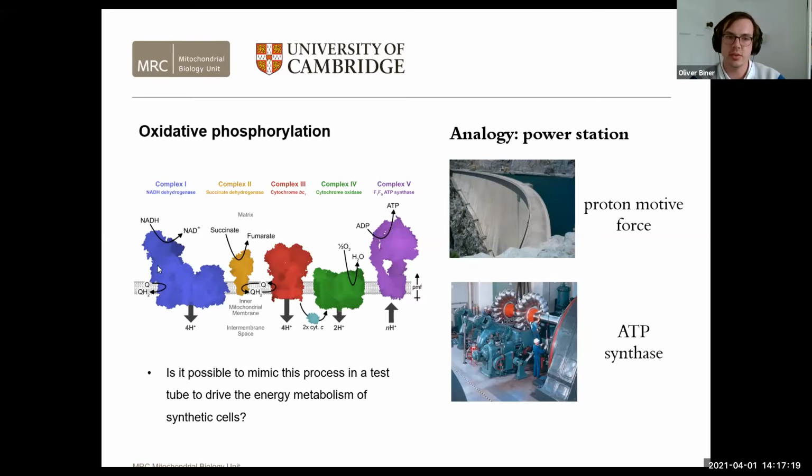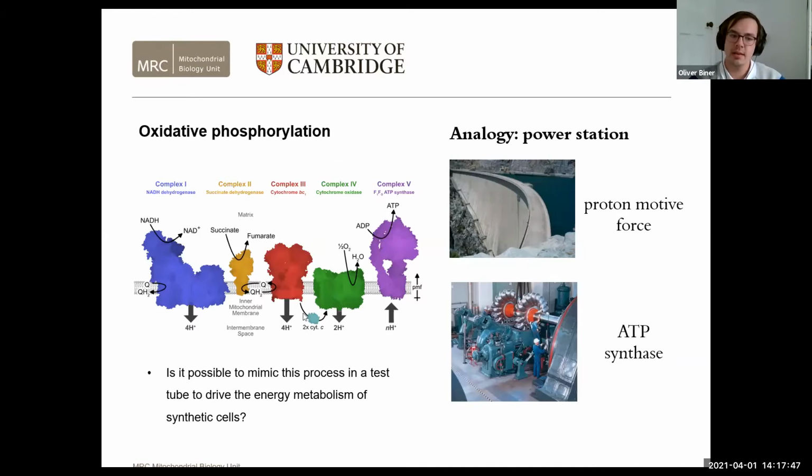The electrons are then transferred through complex 3 and 4, and further protons are pumped across the membrane. Complex 4 is very interesting. It is the last protein of this electron transfer chain, and it reduces oxygen to water in a highly efficient manner. And this is actually the reason why we all breathe oxygen. It's because of this enzyme.